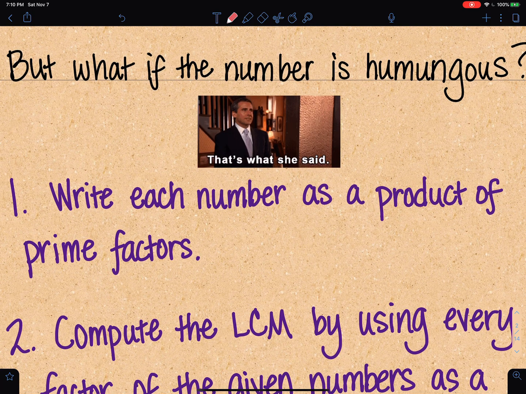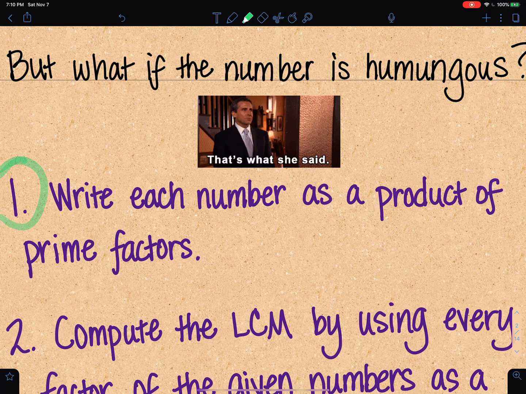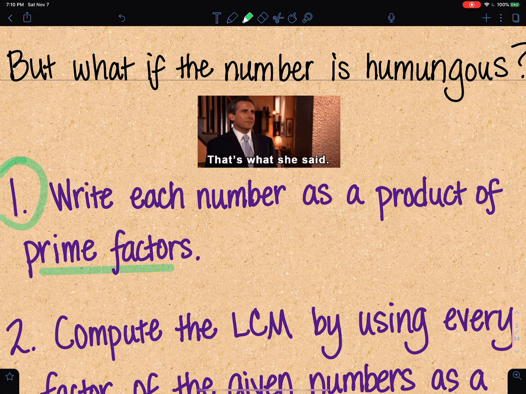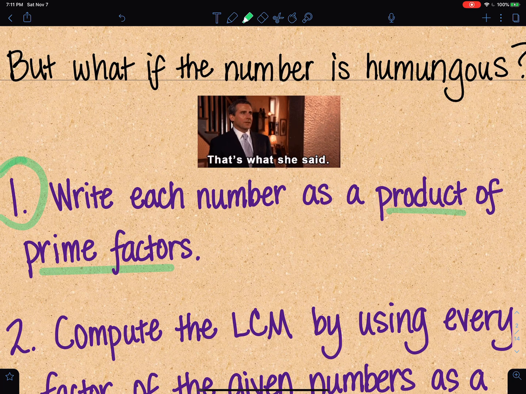So here's the process by which you find the LCM in any group of numbers, no matter how big they are. Step number 1, write each number as a product of prime factors. Don't worry, we'll go over some examples.